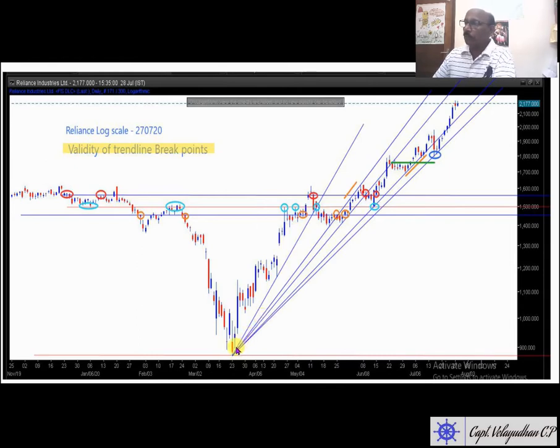So first I drew one trend line here, joining this point and this point, low, higher low, and extended the line. This trend line broke here, at this point. Price broke the trend line here because this candle broke.